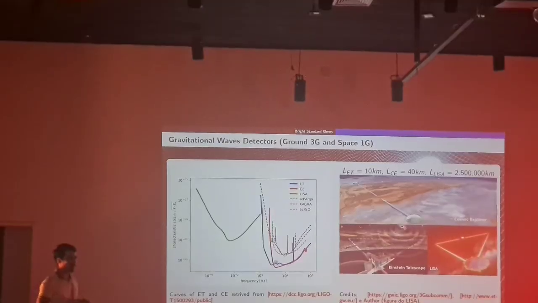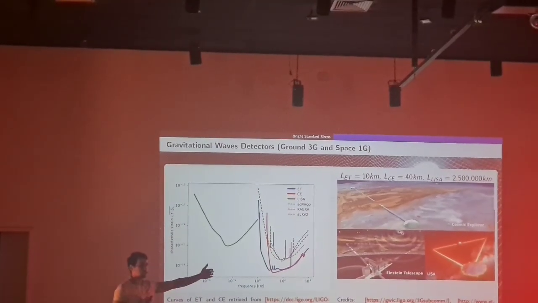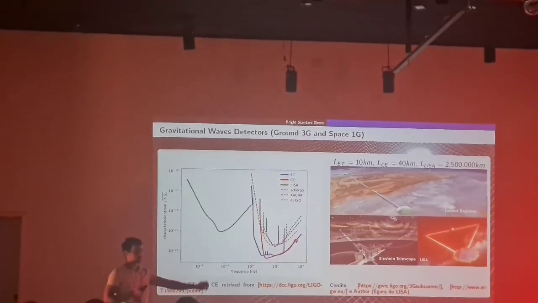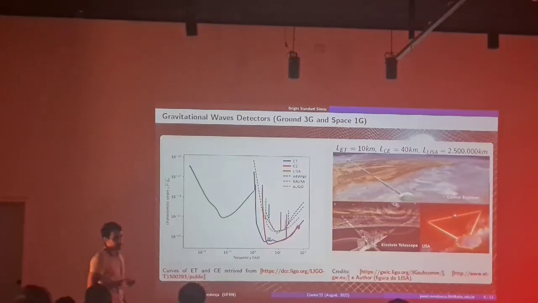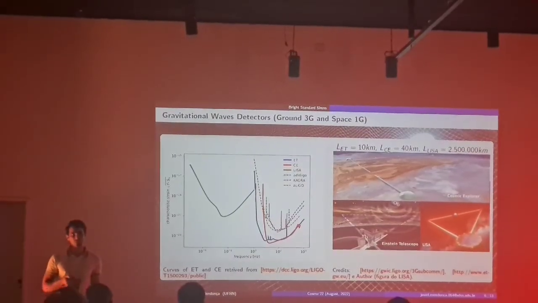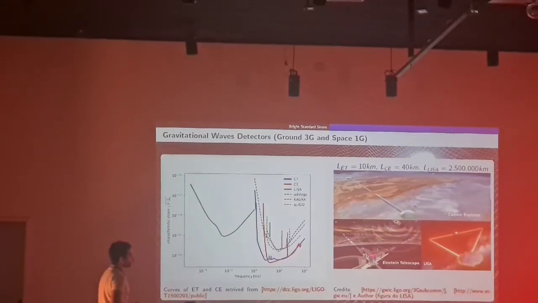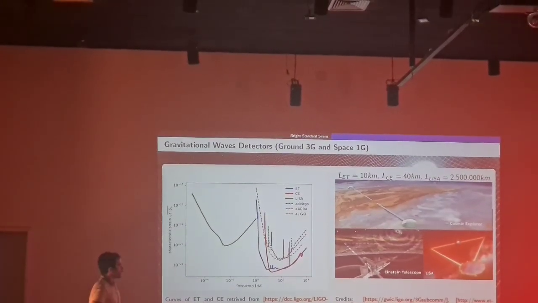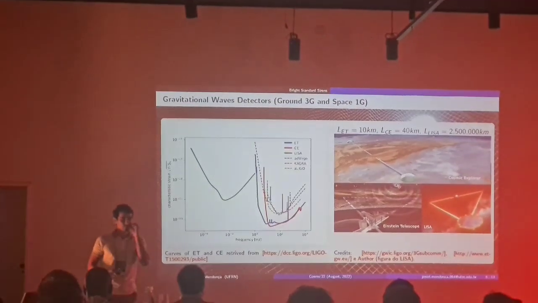But we are interested in the detection of bright standard sirens. In order to do cosmology, we want to go to much more distant events to make the cosmology much more precise. So we will have, in the next decades, third generation gravitational wave detectors: the Cosmic Explorer in the US, the Einstein Telescope in Europe, and the first space detector, LISA.